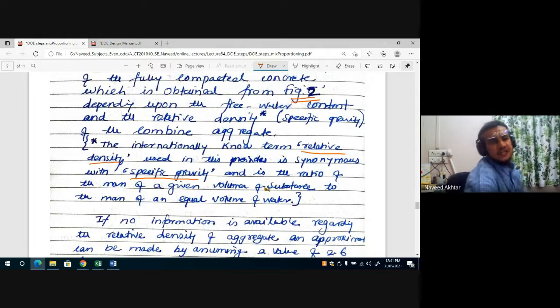It is the ratio of the mass of a given volume of substance to the mass of an equal volume of water.